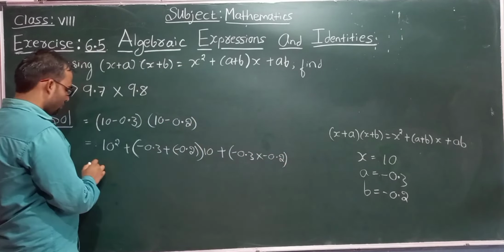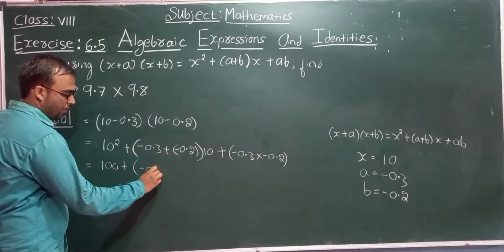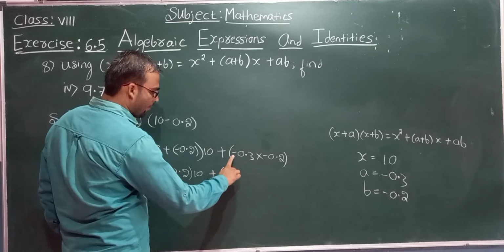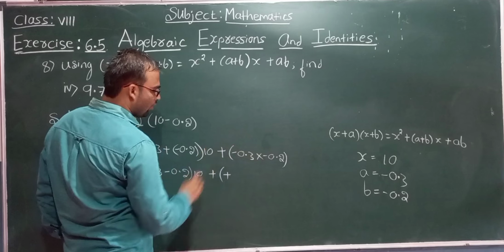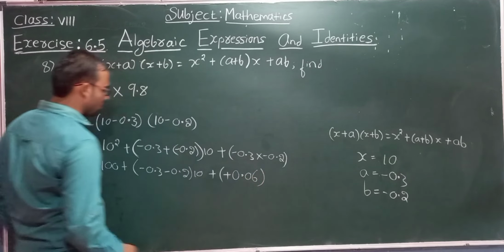Next, 10 square is 100, plus minus 0.3, plus into minus will be minus 0.2 into 10, plus, minus into minus will be plus, 0.3 into 0.2 will be 0.06.